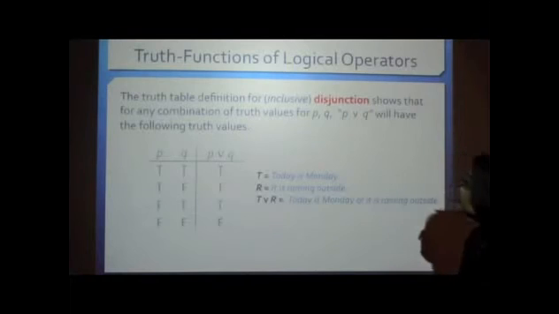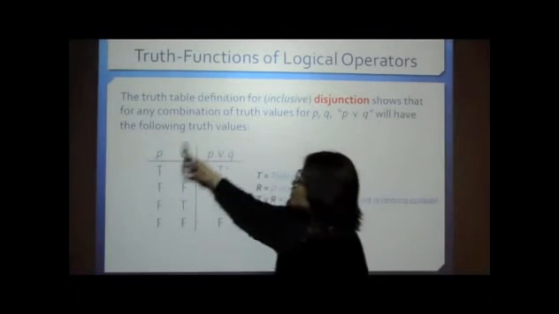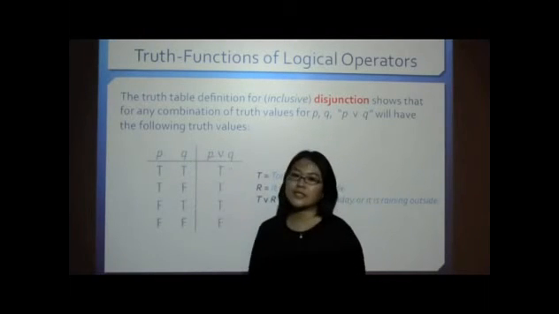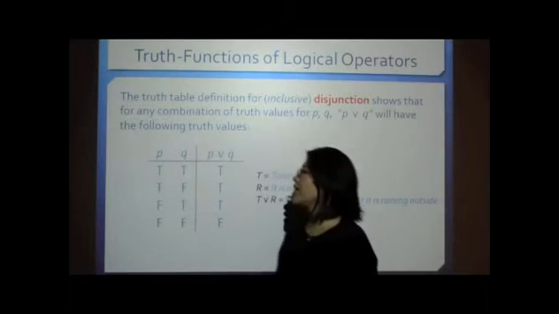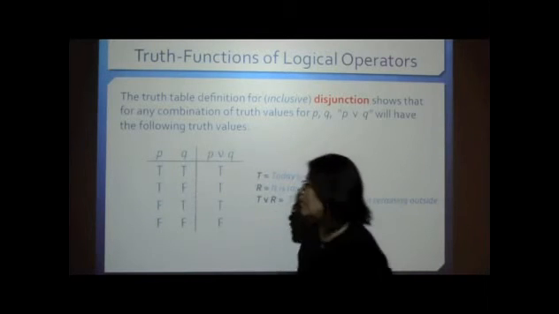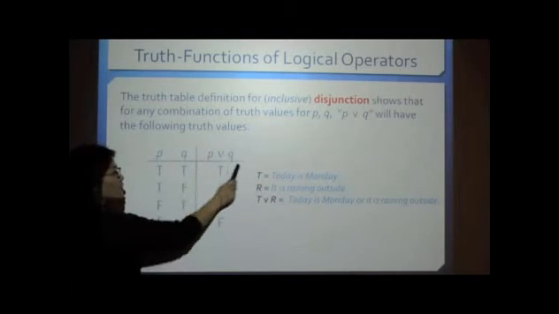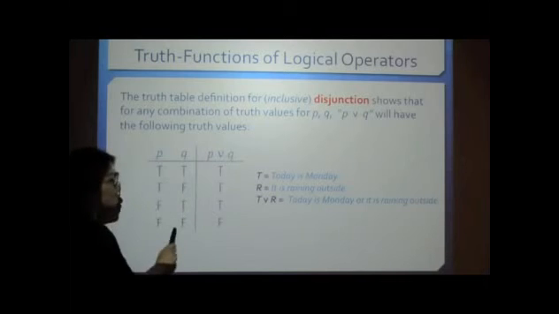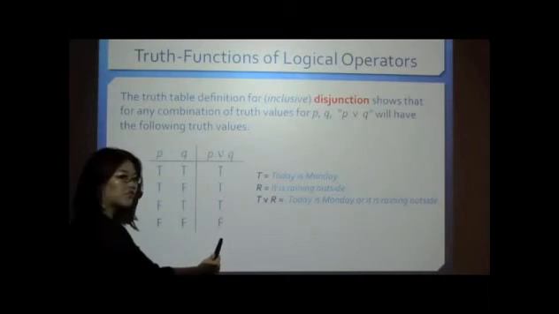Next we have the disjunction. So this is the truth table for the disjunction operator, and this basically defines the truth function of the wedge logical operator. This tells us that whenever the parts of the disjunction have a certain truth value, the disjunction will have these corresponding truth values.